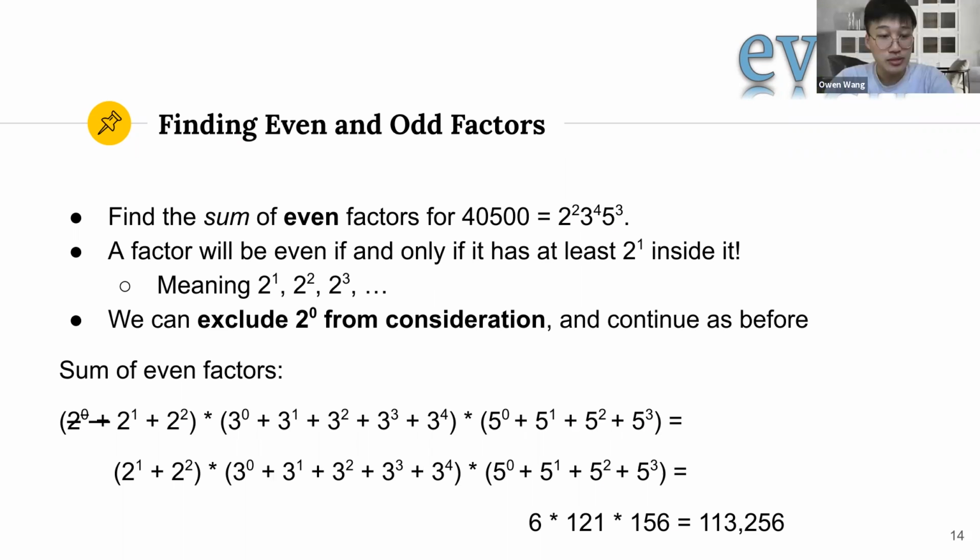So you can compute this out again, where it's 2 to the 1 plus 2 to the second, and then the same for all the 3s and all the 5s. And it gives you the answer of like 113,000 something. And that is the sum of all the even factors for our number.